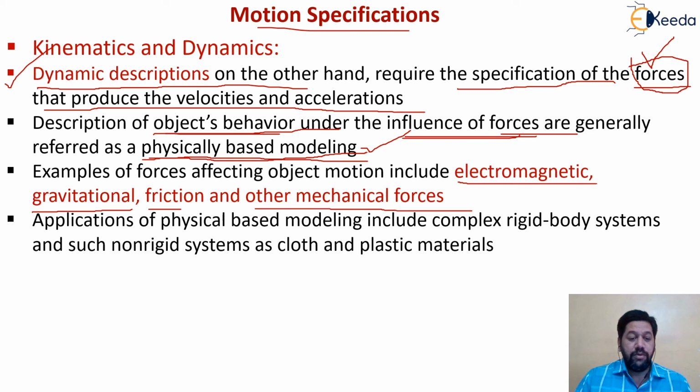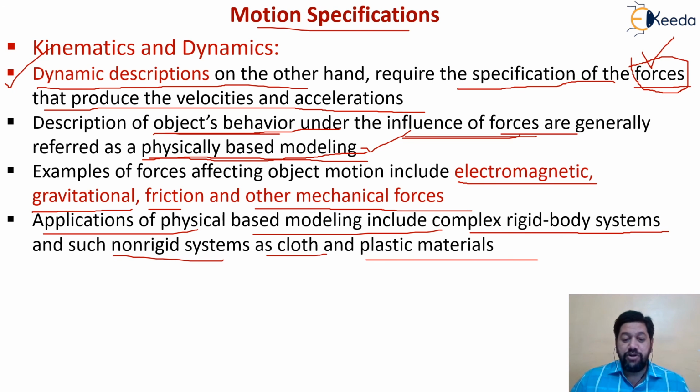I think we have reached the end of the session today. The applications of physically based modeling include complex rigid body systems and non-rigid systems such as cloth, plastic and material. Generally, all these physically based models are used for the motion of complex rigid body systems.